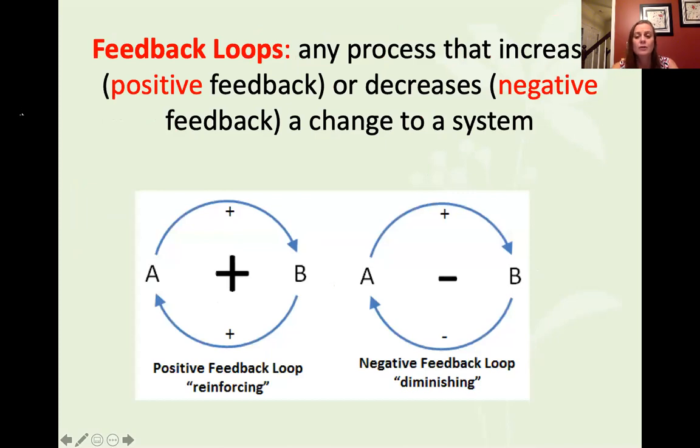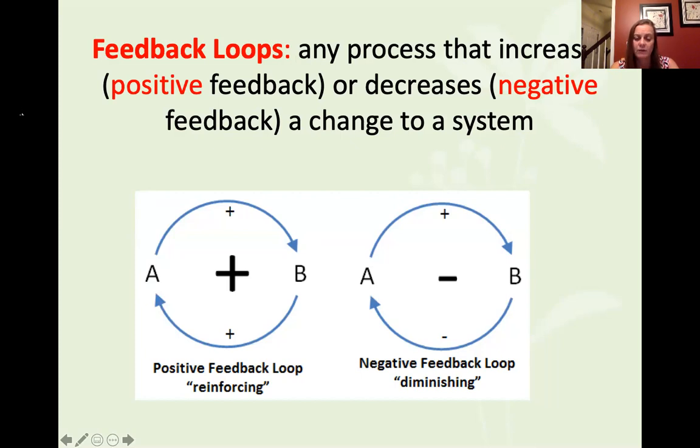In any system, there are going to be a series of feedback loops. When we talk about a feedback loop, we're talking about any process that increases the change to a system. We would call that a positive feedback loop. Or maybe it decreases a change to a system, and we would call that a negative feedback loop. You'll also hear these called reinforcing feedback loops or diminishing feedback loops.